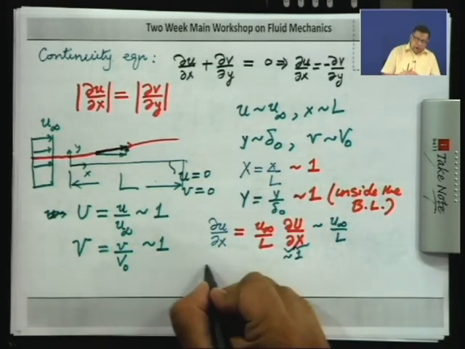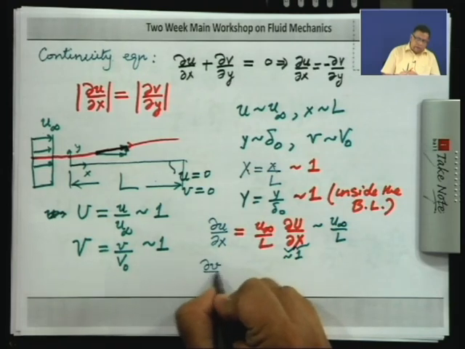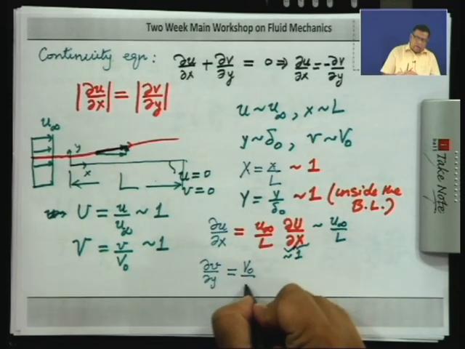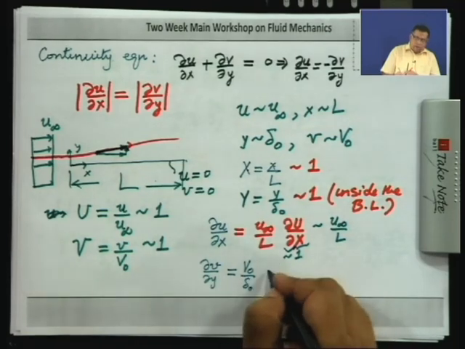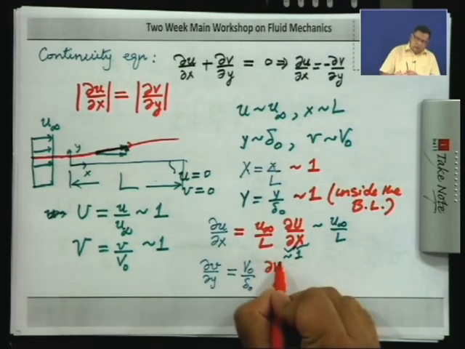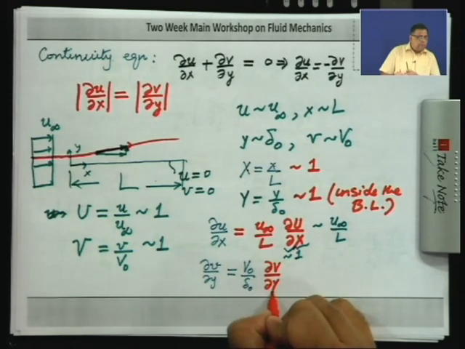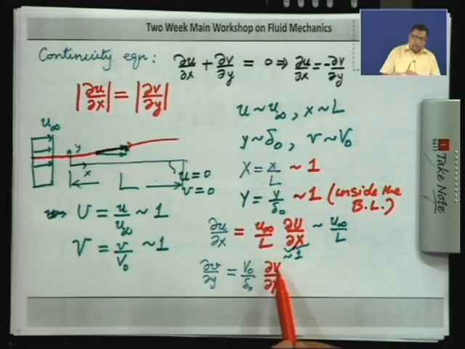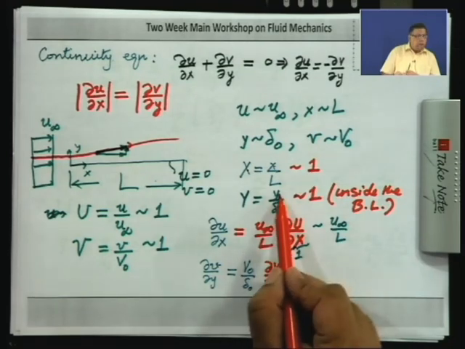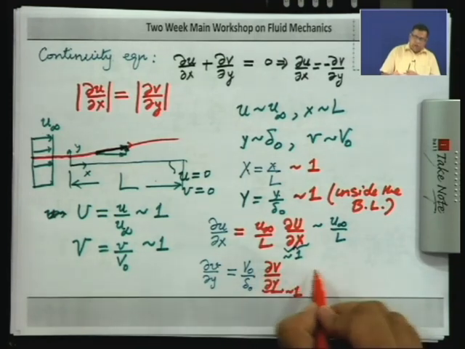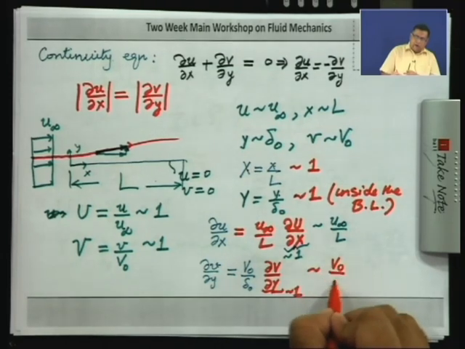Now, similarly, if you look at del of v del y, the dimensional quantity, this we can write as v naught by delta naught into del of capital V del of capital Y, because small v from this equation is v naught into capital V and small y from this equation is delta naught into capital Y. So, this quantity we say is order 1. So, del v del y is order v naught by delta naught.